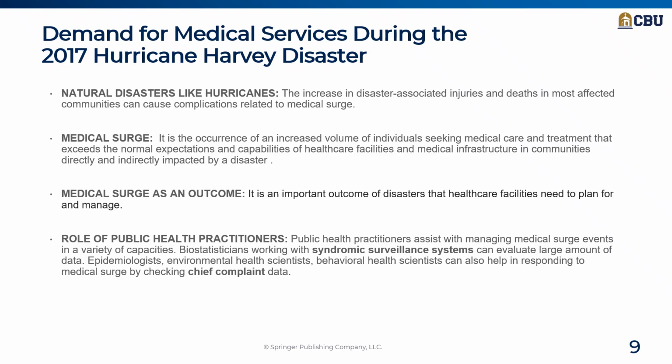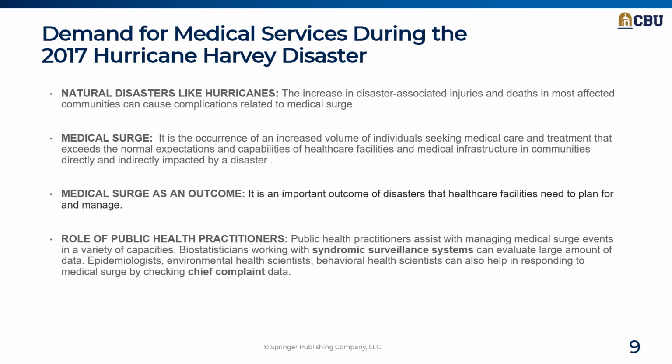Medical surge is a predictable but often underplanned outcome of disasters. Healthcare systems are rarely built to absorb sharp, widespread spikes in demand, especially during sudden destructive events. Managing this surge requires coordinated public health action.